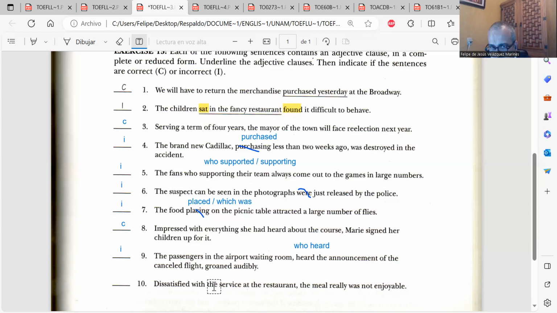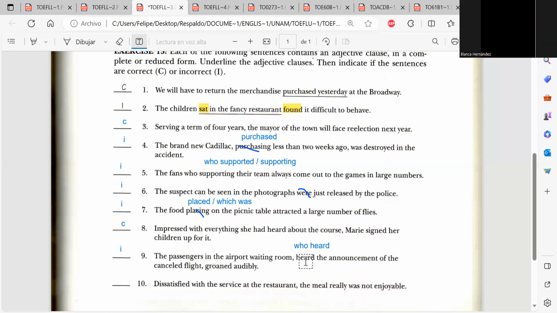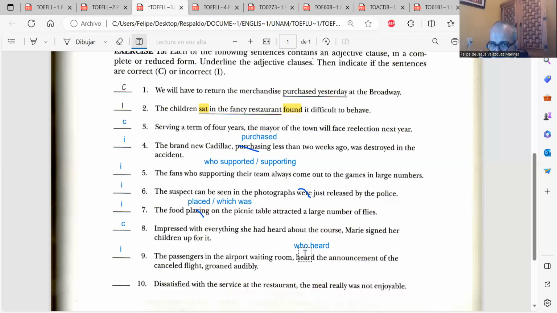So, if we eliminate the information between commas, we have the passengers in the airport waiting room groaned audibly. Is that correct? Yes. So the mistake is here. If they heard the announcement, we can say who heard the announcement, expansion.